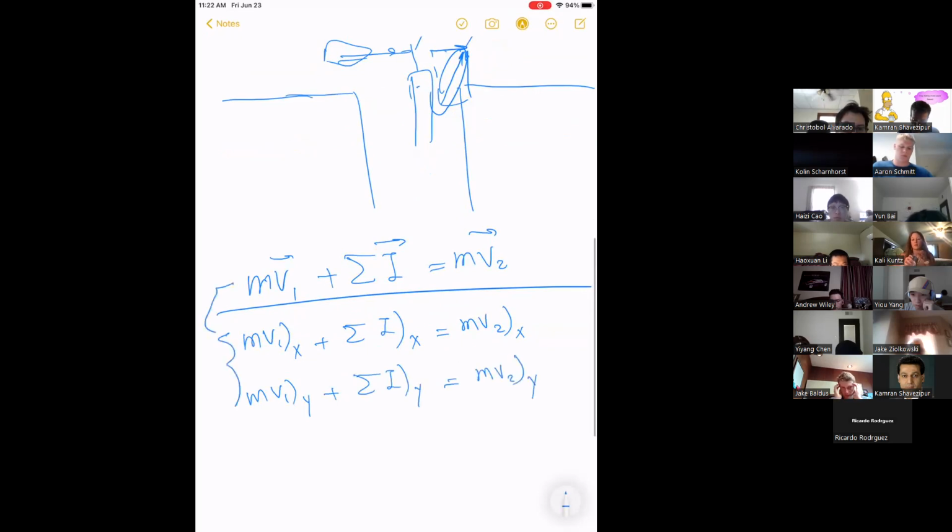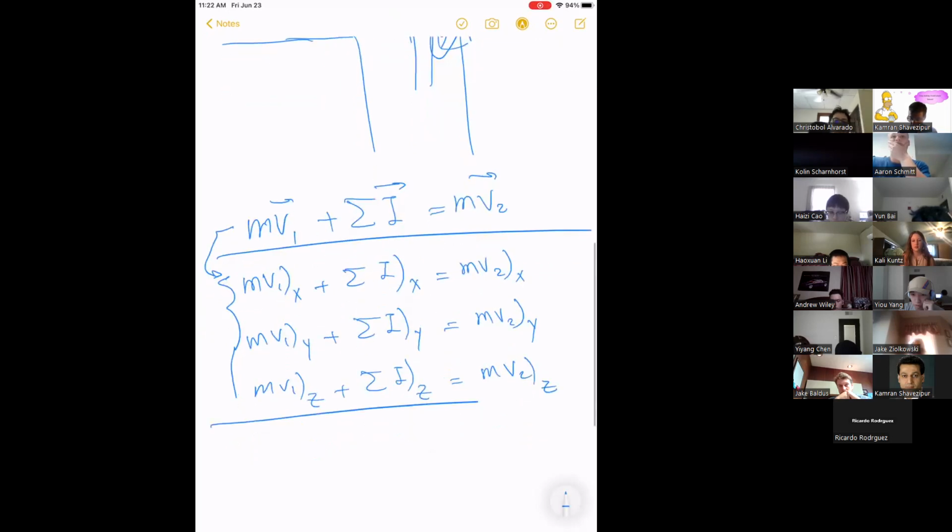If this is your vector equation, you can get it into x and y. If there's 3D motion, then you get mv1z plus summation of impulses in z direction equals mv2z, right? So you can divide it into proper coordinate systems and get x, y, z components, or n and t, or whatever you need.